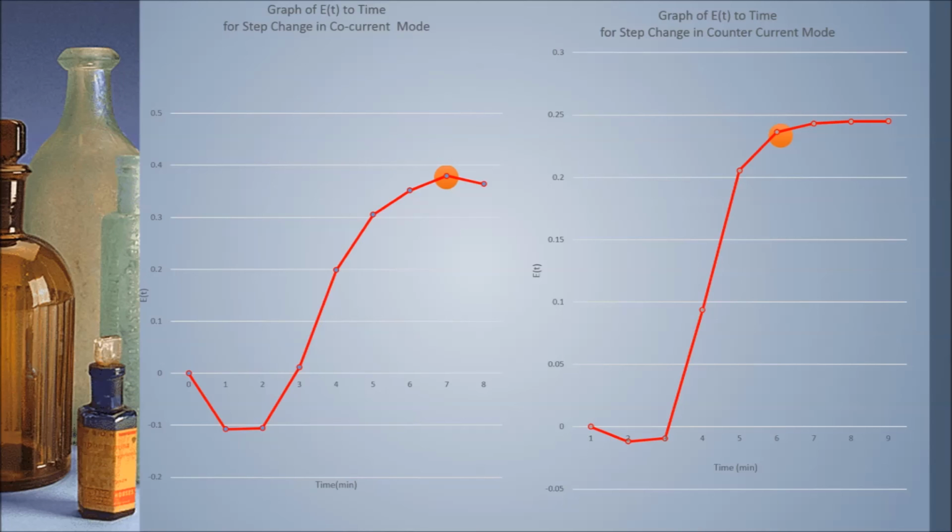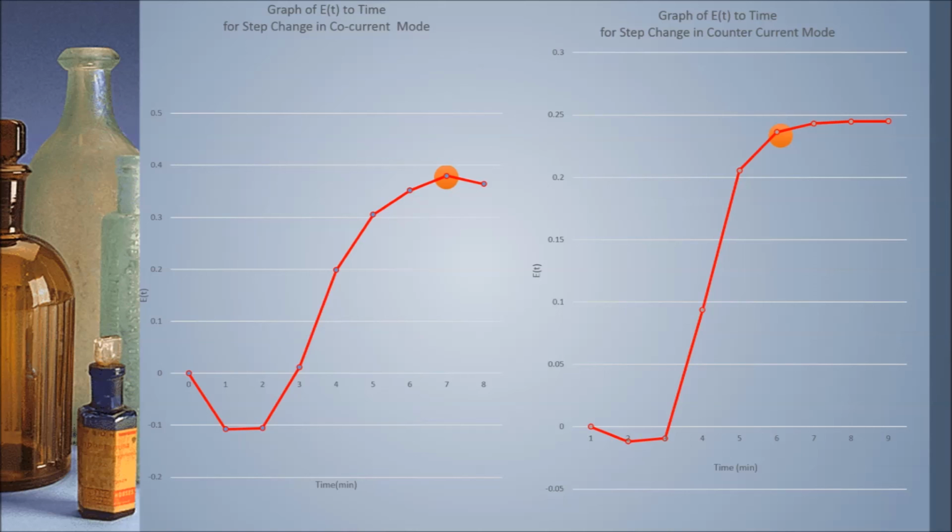After we calculate the concentration versus time, we use the values to calculate the E(t) versus time, and this is the outcome. As you can see from the graph, in counter current, it started to increase at t equals 0 and became constant at t equals 6 minutes. Due to some improper mixing of the reactants, the graph shows a negative effect.